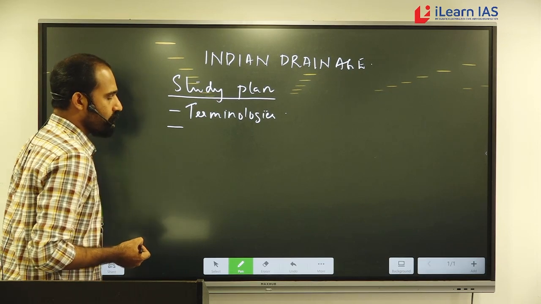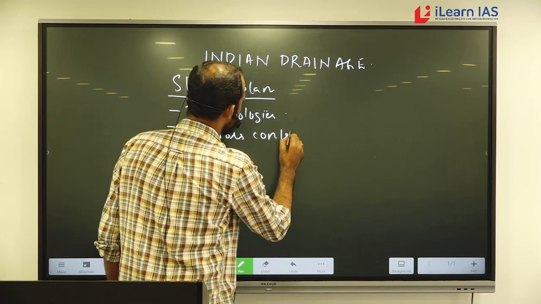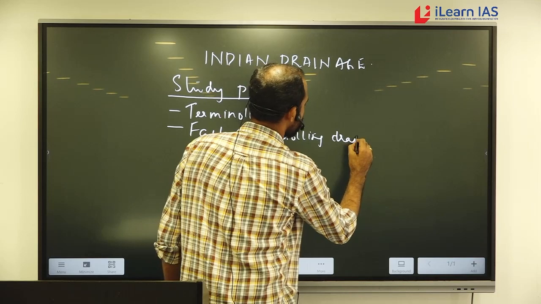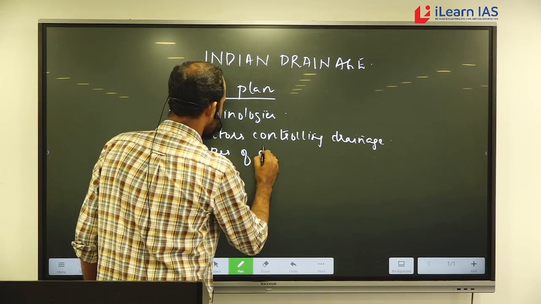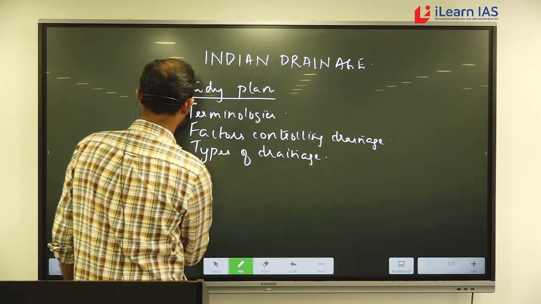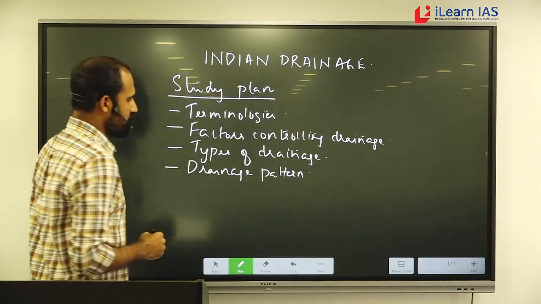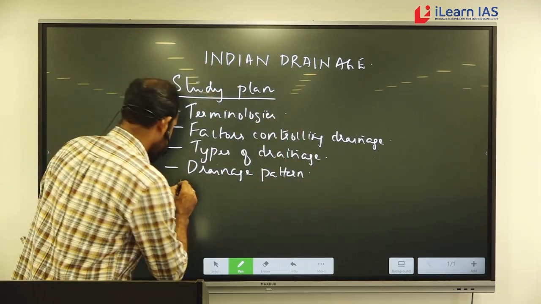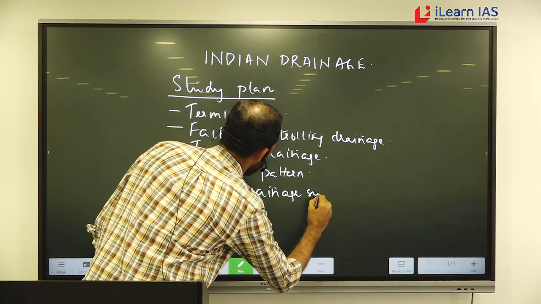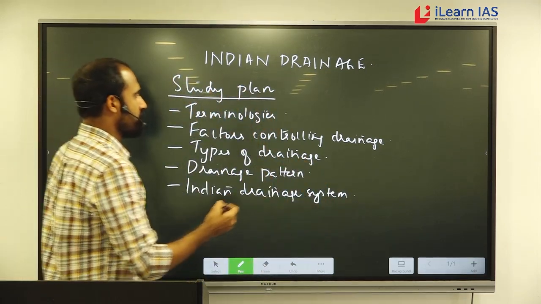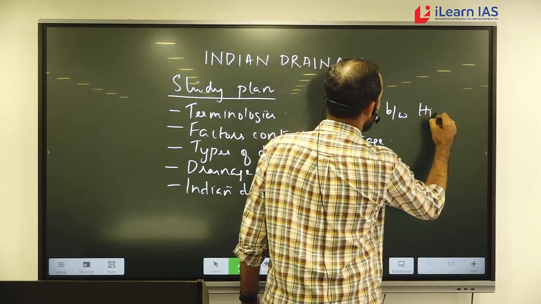Then we will have a look into the factors controlling drainage, types of drainage, drainage pattern, Indian drainage system, difference between Himalayan and peninsular drainage.